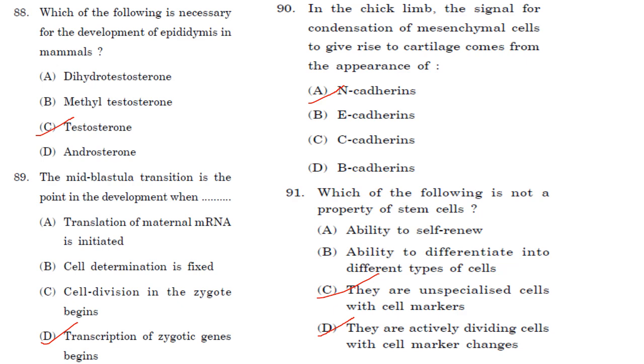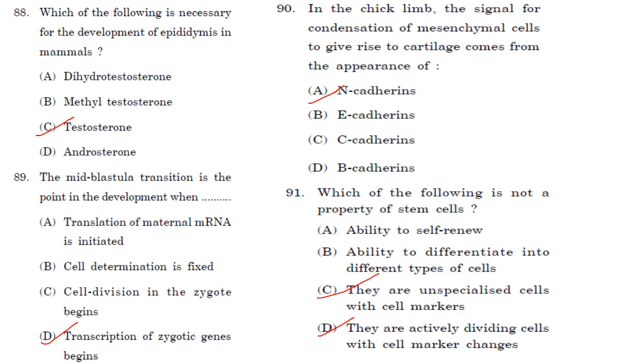Which of the following is not a property of stem cells? Ability to self-renew. Yes, it is a property. Ability to differentiate into different type of cells. Yes. They are unspecialized cells with cell markers. They are actively dividing cell with cell marker changes. So it can be either C or D. They are not unspecialized cells, they are specialized cells with special cell markers.